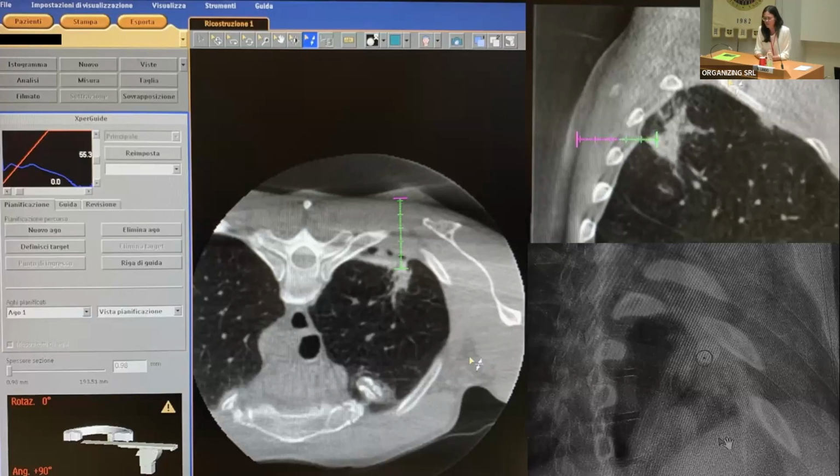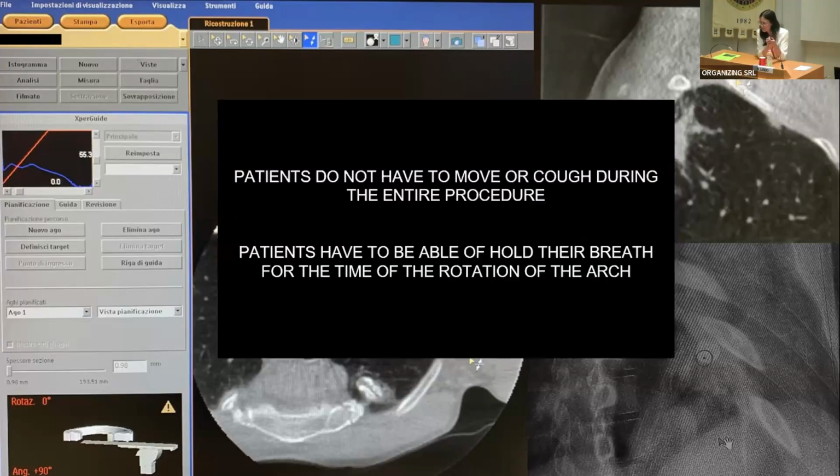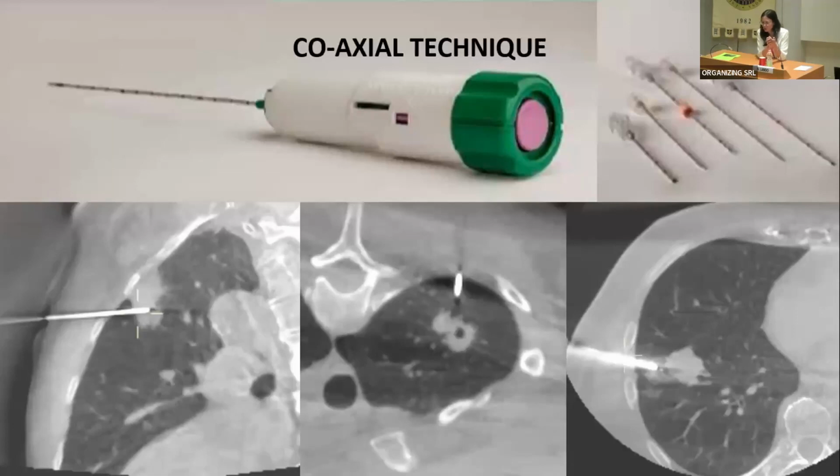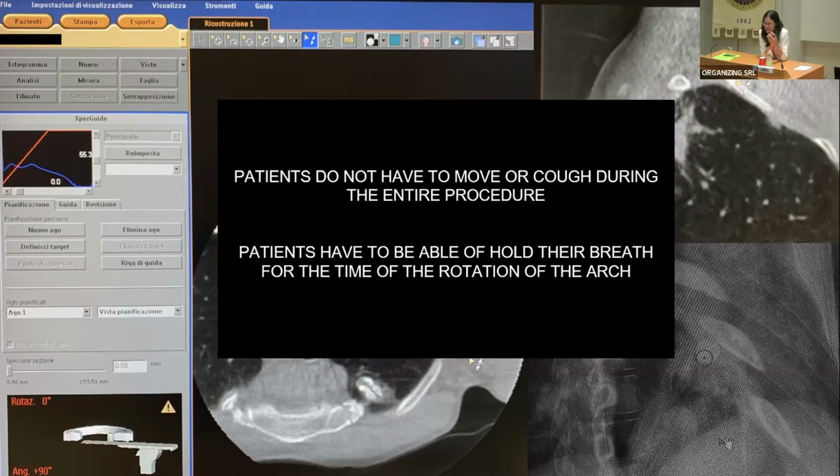So from all this information, which is very quick for the time I have for the presentation, we have to keep in mind that what we would like from the patient is that he doesn't move throughout the entire procedure.